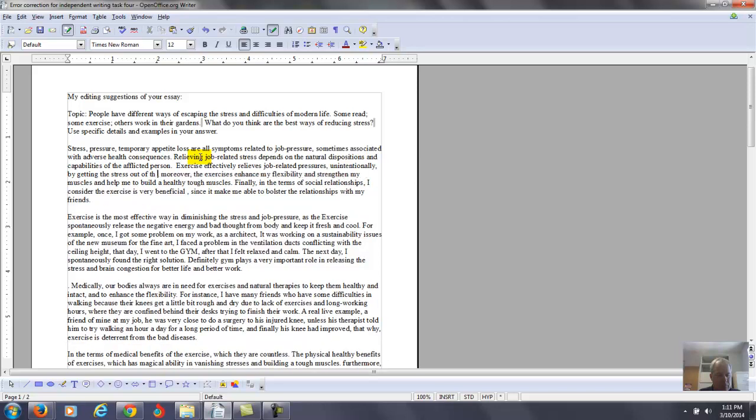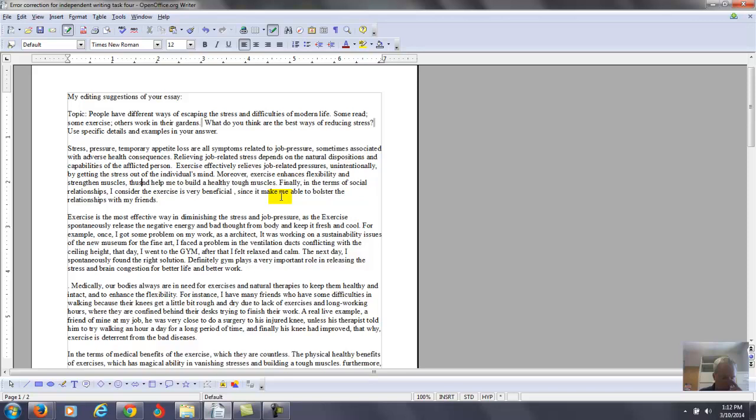Just say exercise enhances flexibility and strengthens muscles, comma, body. I'm going to say that instead of what you put here.